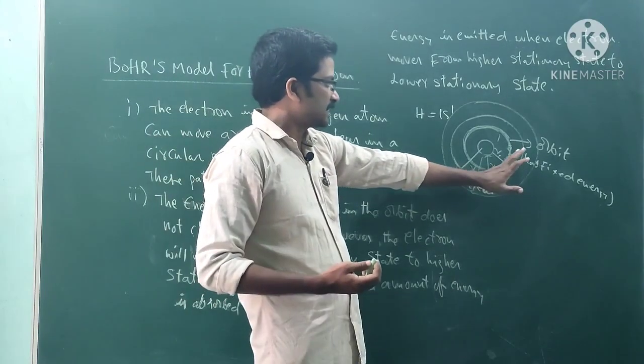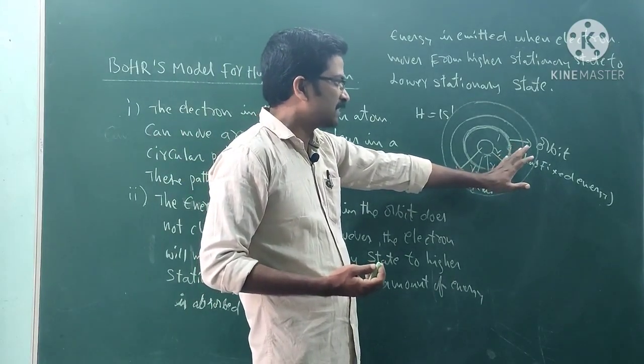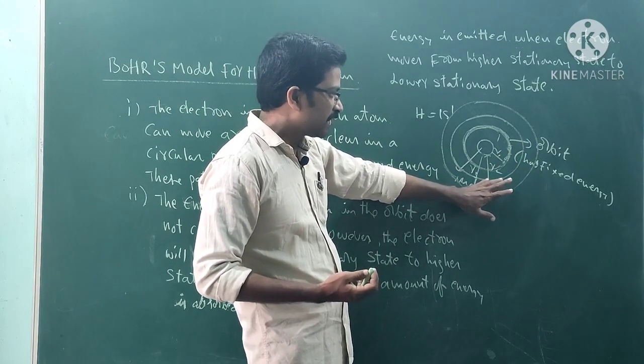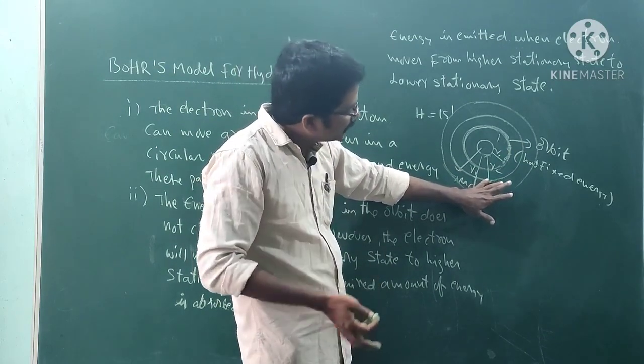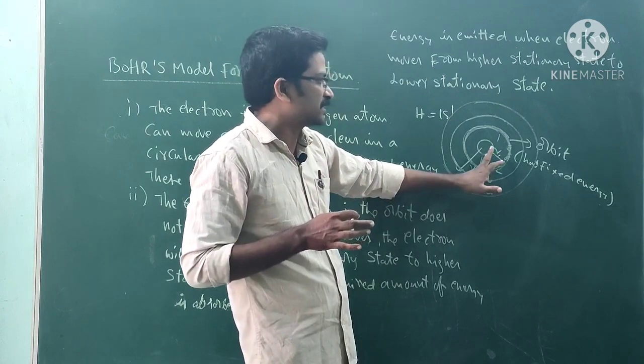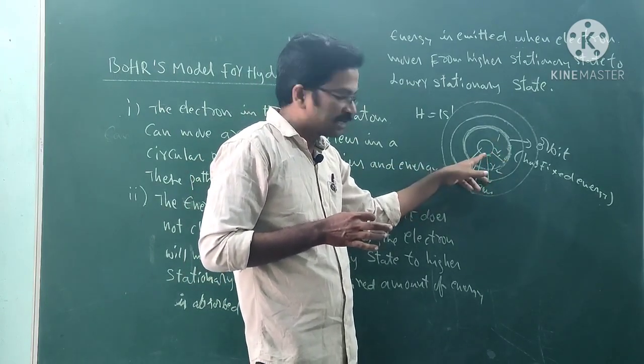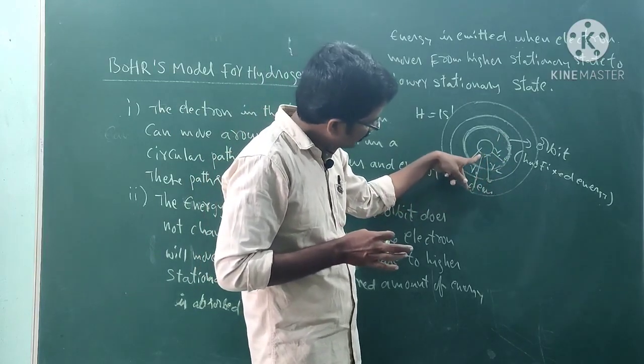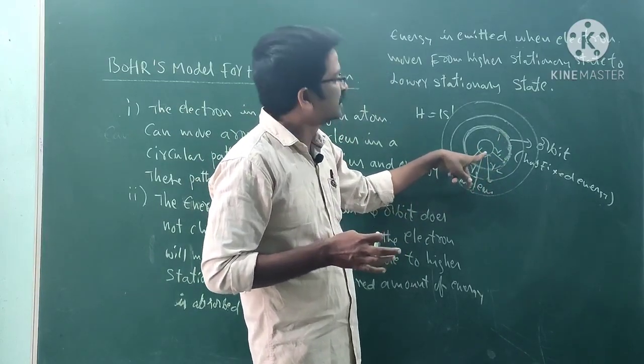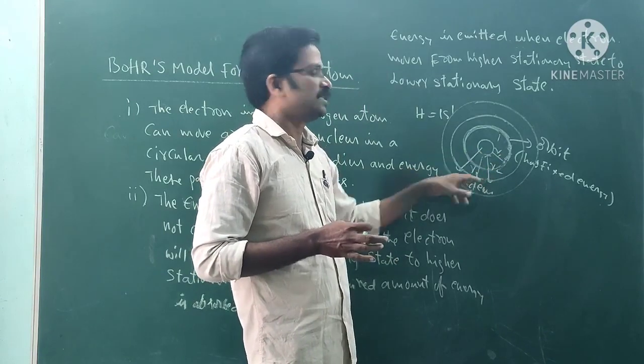This orbit has some radius, this one has a greater radius, and this orbit has a greater radius compared to this one and this one.